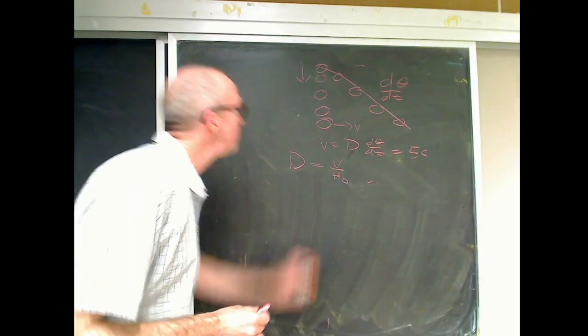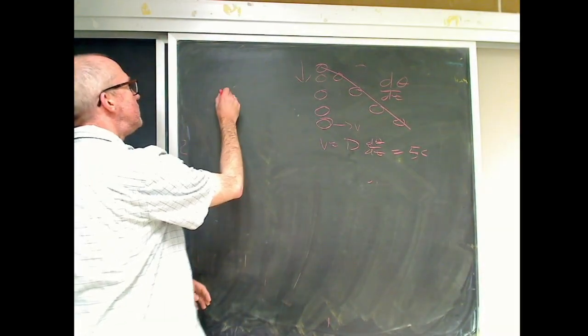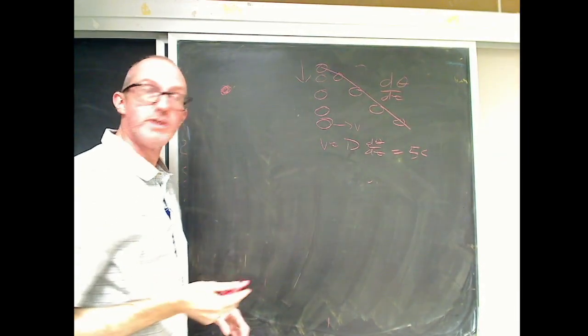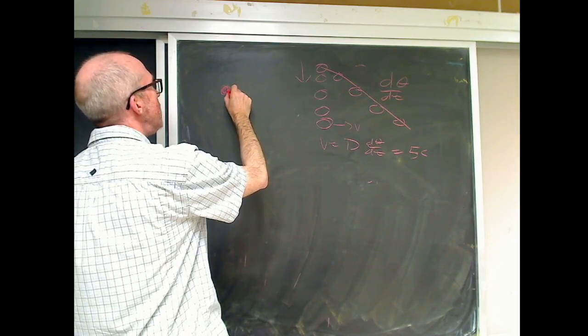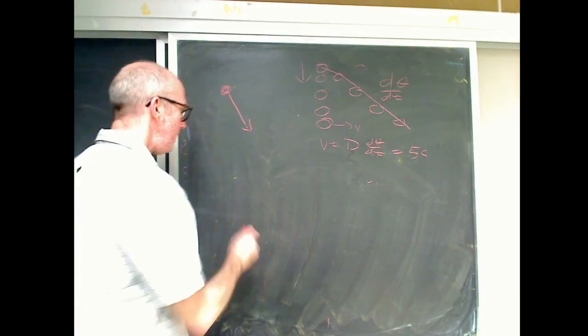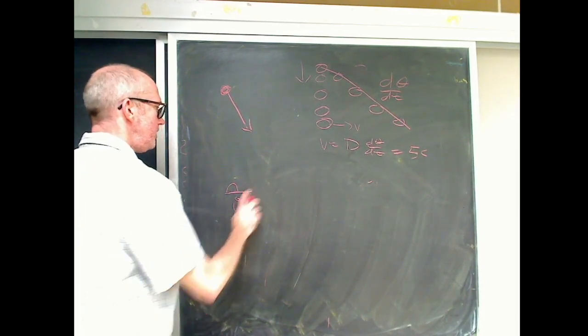So I have a QSO here. And I have a blob of stuff that's moving in this direction. And I am down here with my hat. That's not the hat.